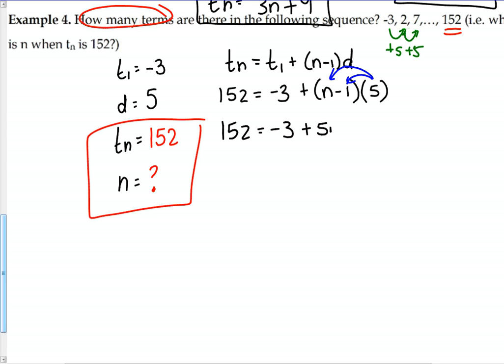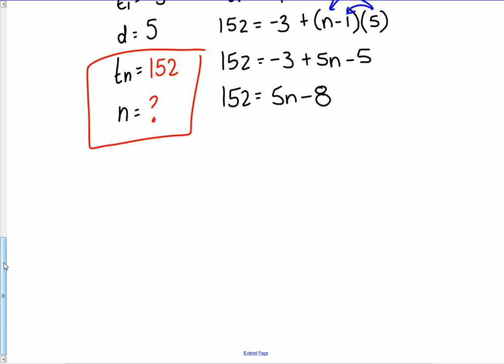So I'm going to get rid of those brackets. I don't like them. And then I have 5n. Collecting negative 3 minus 5 gives us negative 8. And so now we're just using grade 9 algebra, everyone's favorite thing ever, right?